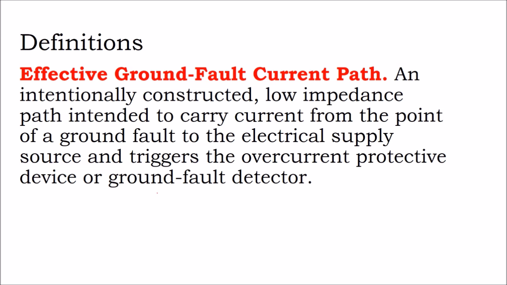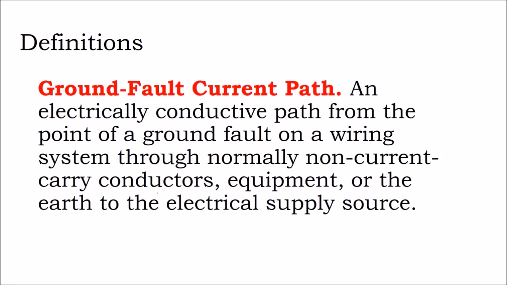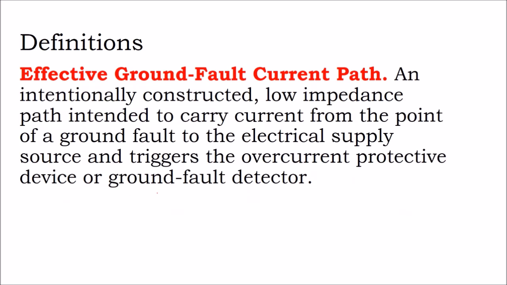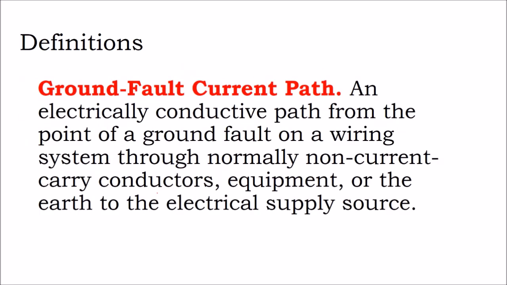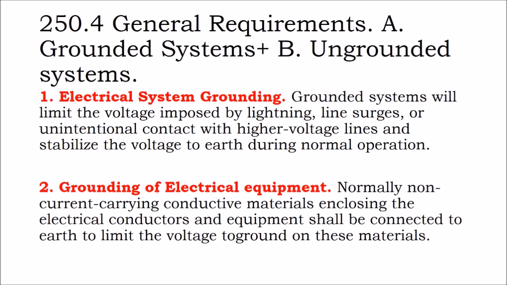And so there was a new ground path. The ground path went up into my solar array and up into the module frames and made its way into the current. So the effective ground path is the intended ground path, whereas a ground fault path could be any ground fault path. And you'll see that referenced.